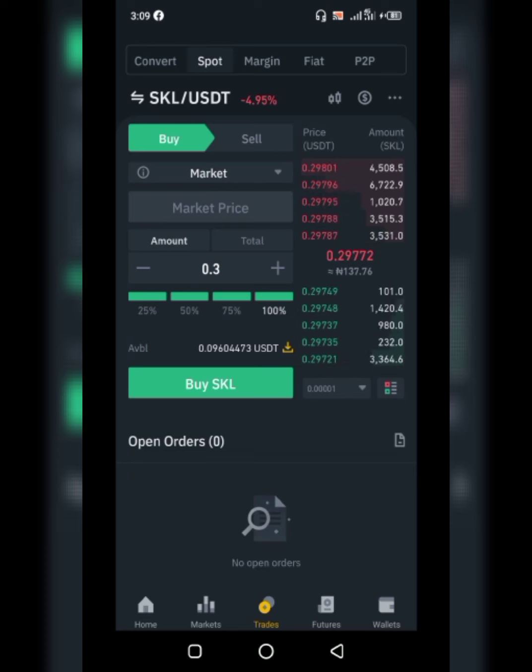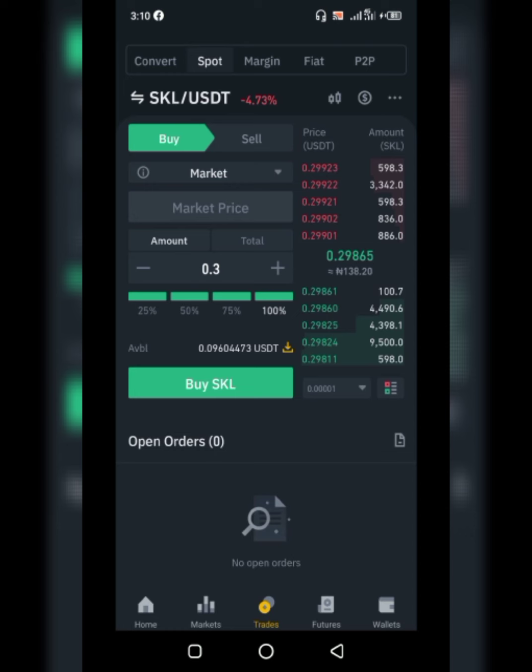The only thing is that the market price might not be the same as on the signal you received, because before they can send the signal, before I can copy it, before I can post it, the market is very volatile. It's not waiting for any man to move up or to go down.